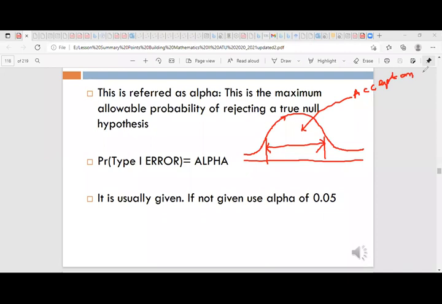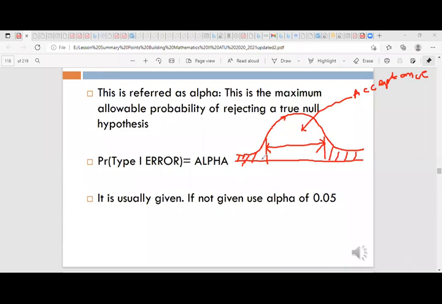And we also have the region of rejection when it comes to hypothesis testing. Usually when we are testing, we test the null claim, instead of just testing the claim by the researcher.